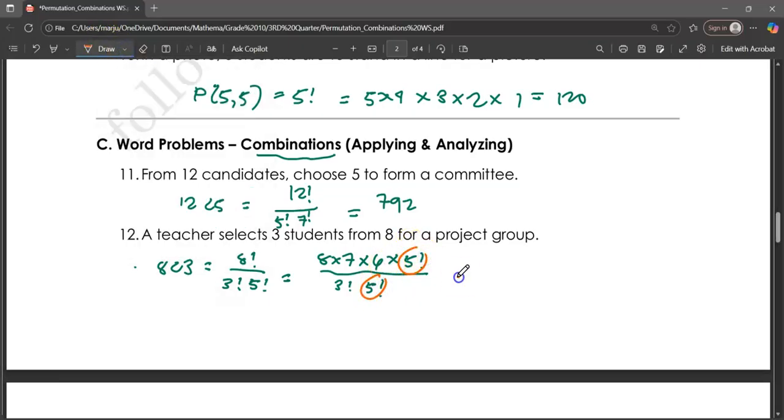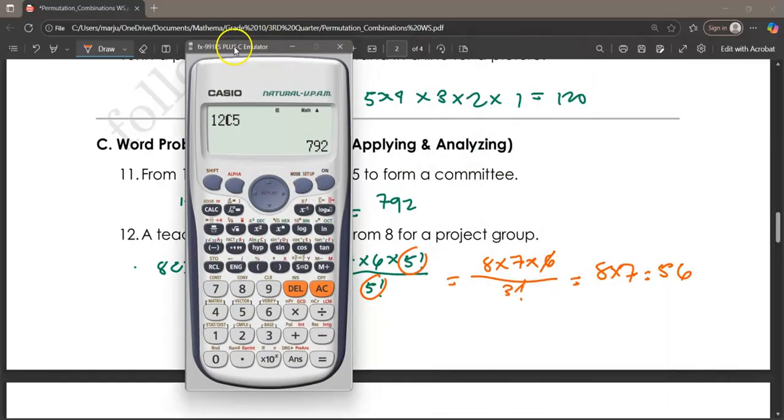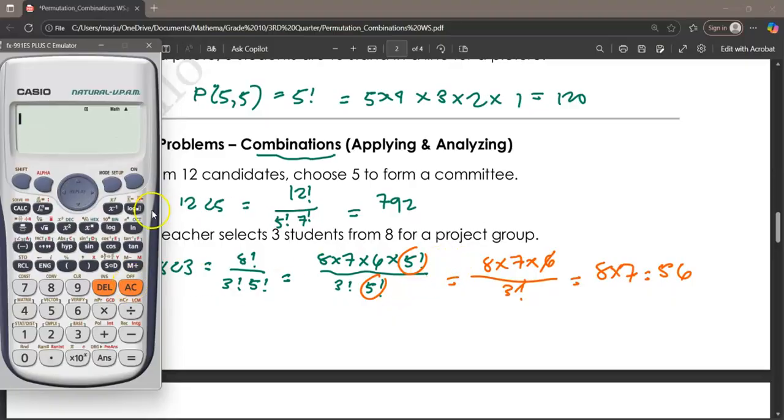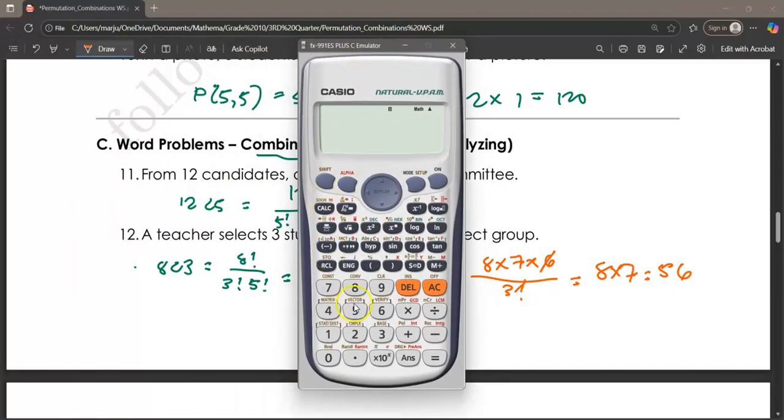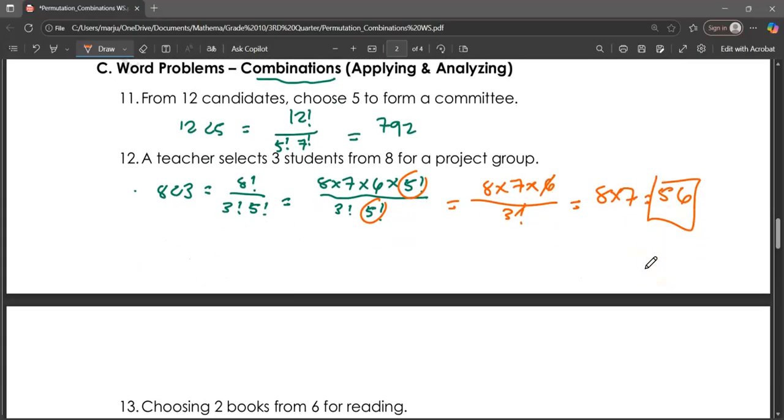So this is going to give us 8 times 7 times 6 over 3 factorial, and we know that 3 factorial is 6. So this will be cancelled. So that is just 8 times 7. This is 56. Or again, using our calculator, we are choosing 8, 8, choose 3. So this is 8 combination 3. That is indeed 56.